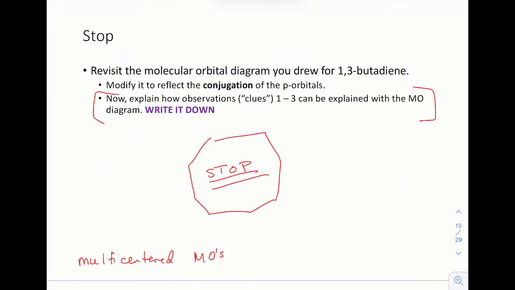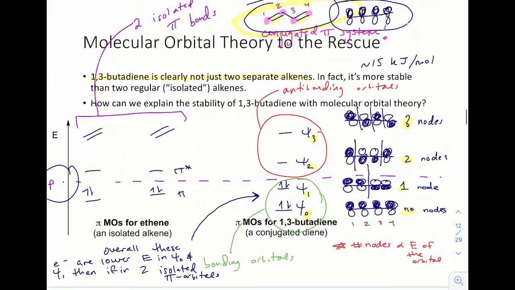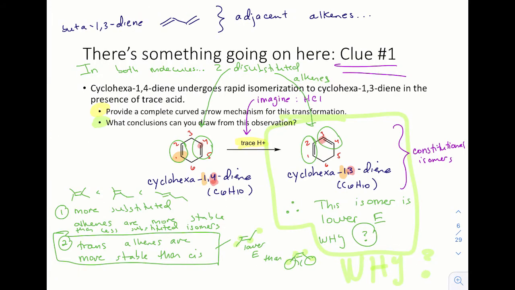But wait, how can clues 1 through 3 be explained with this molecular orbital diagram? With this understanding that overall the 4 electrons in buta-1,3-diene are lower energy in psi 1 and psi naught, these multi-centered pi molecular orbitals, than they would be in 2 isolated pi symmetry orbitals. We'll go back to clue number 1.